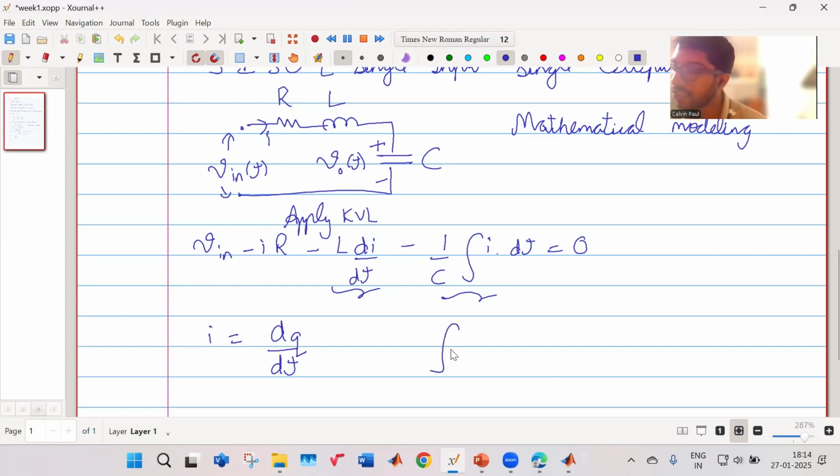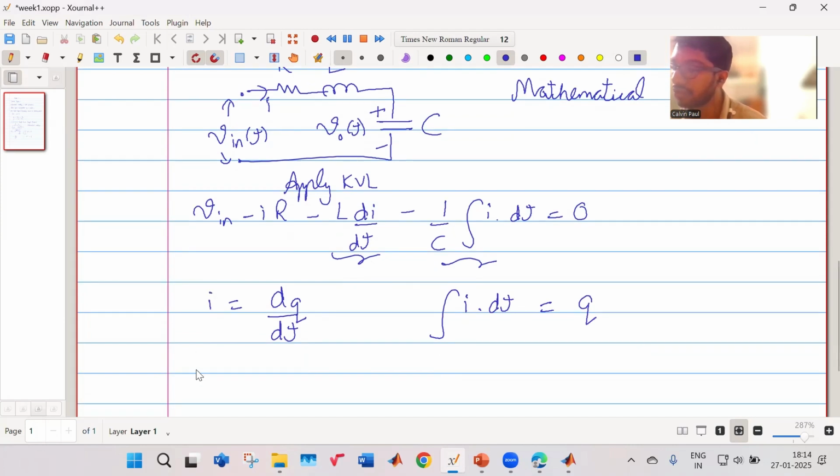So the integration of I into dt is also equal to q. We will use this concept further. And di by dt is actually the double derivative of the charge with respect to time. With all this information, we will substitute in my previous equation.